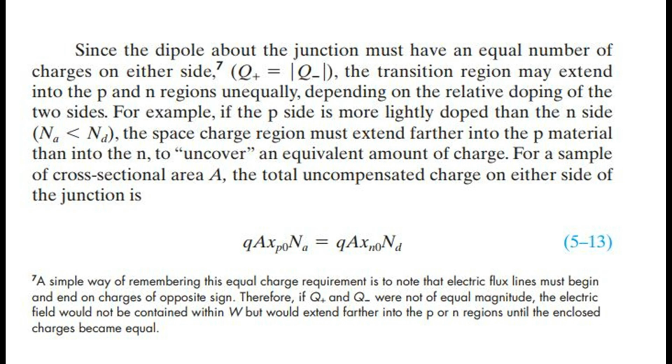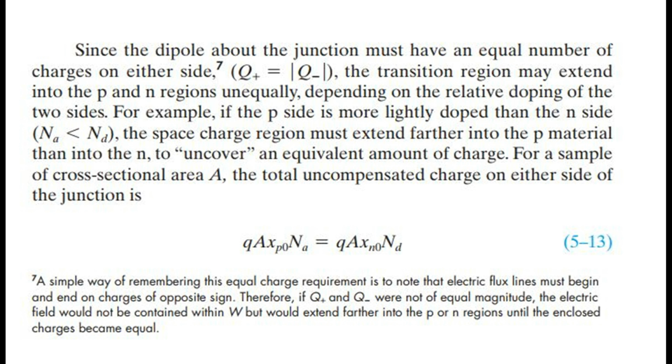For a sample of cross-sectional area A, the total uncompensated charge on either side of the junction is given by the following, where x_p0 is the penetration of the space charge region into the p material, and x_n0 is the penetration into n.